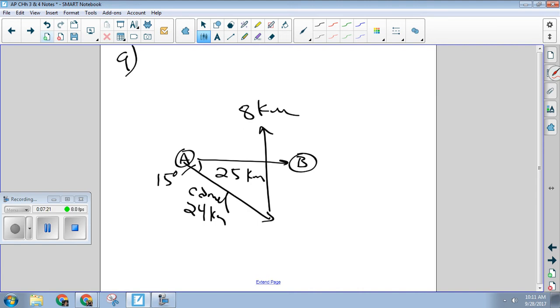And then you can find the other side, and then find what those two additional vectors that are not in the triangle are, and then you can find the hypotenuse of that, and that's how far you are from B. Okay. Yes. I feel like we can streamline that process a little bit.